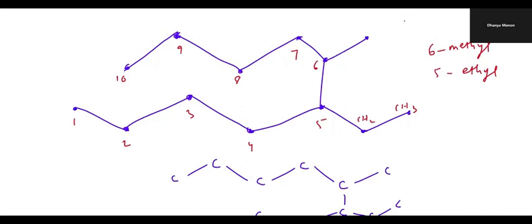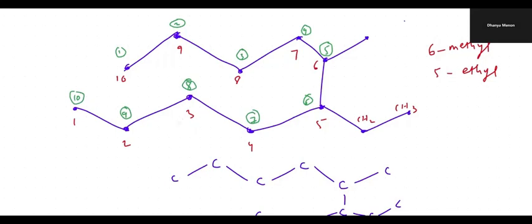Okay. If you are numbering it from here, 1, 2, 3, 4, 5, 6, 7, 8, 9, 10, you're getting the long chain.